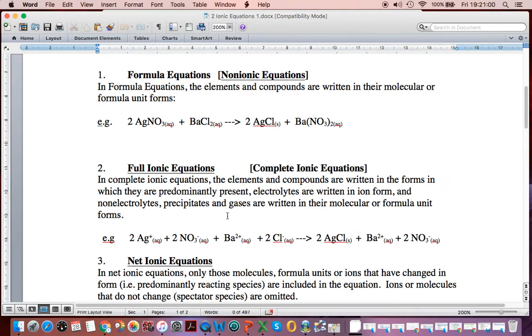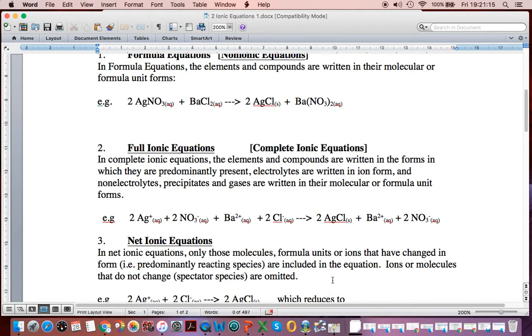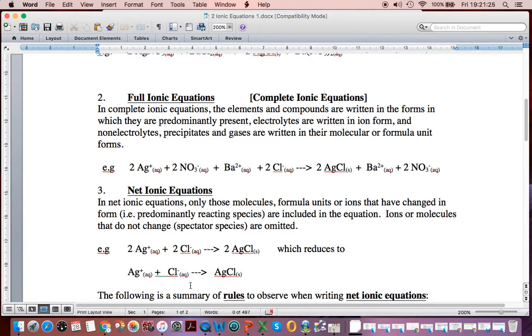It's with the silver. So for this example, I am simply going to end up with silver ions plus chloride ions becoming silver chloride. One thing to remember, if possible, you will lower the coefficients down to the lowest whole number ratio. So we end up with 2 Ag+ plus 2 Cl- becomes 2 AgCl solid, but a 2 to 2 to 2 deal becomes 1 to 1 to 1.